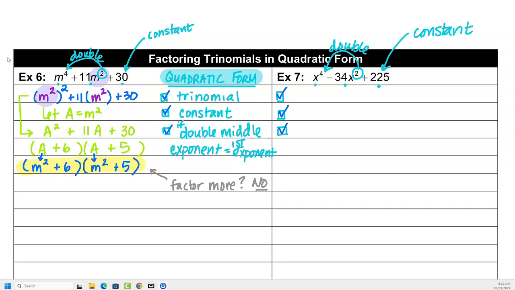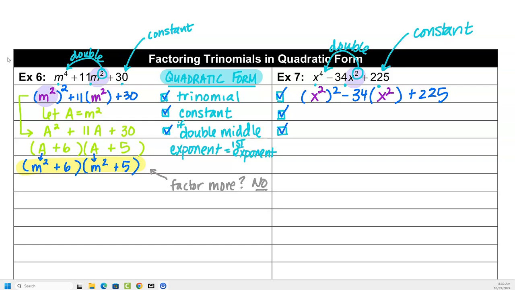So I'm going to rewrite that so that it's going to be something squared minus 34 times something plus 225. You're always going to rewrite that something, the x squared that's in the middle. You're going to put the x squared here. And notice the x squared is x to the 4th, and then this is already x squared.